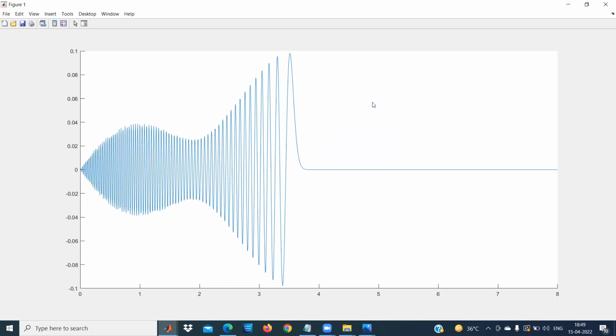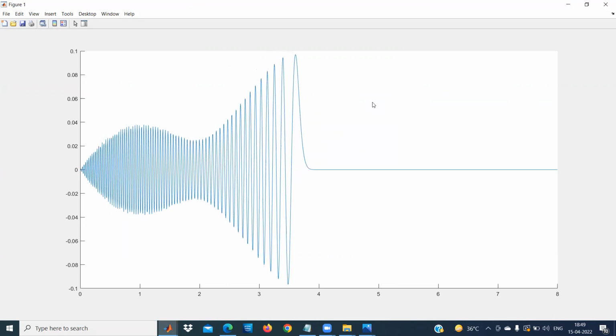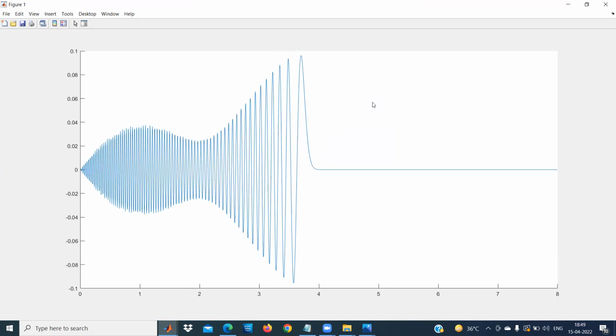This is called a dispersion error, and I will tell you what the dispersion error is.